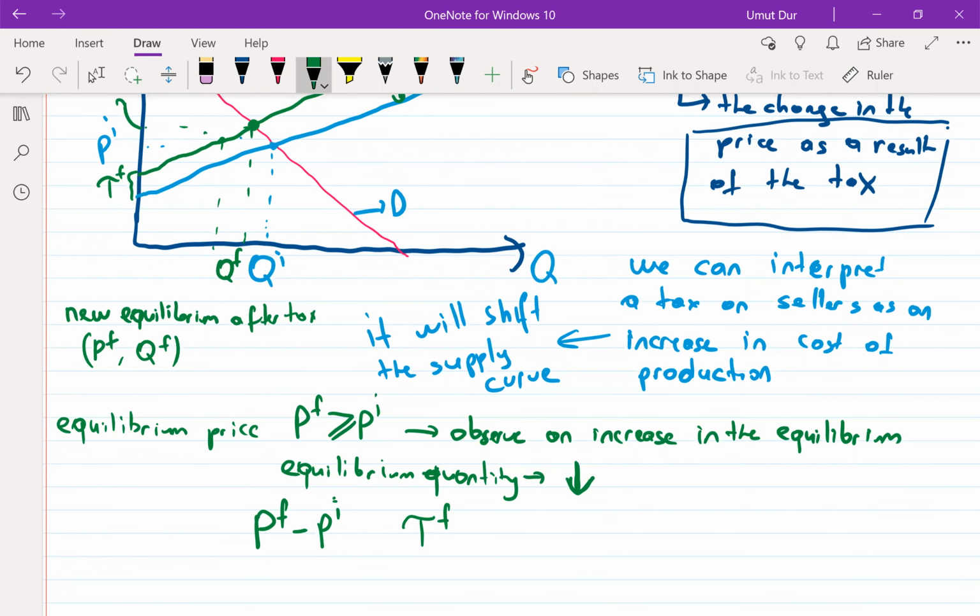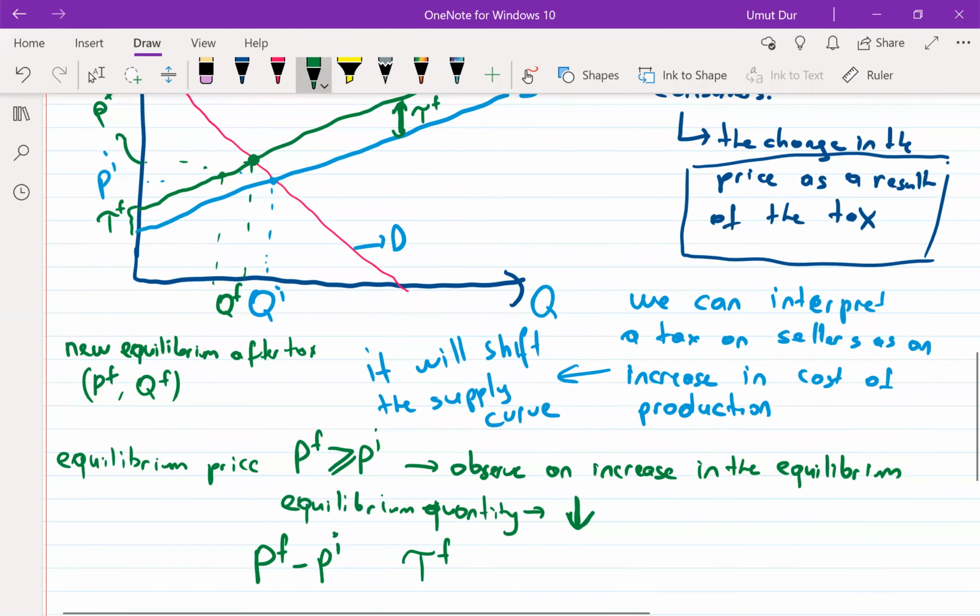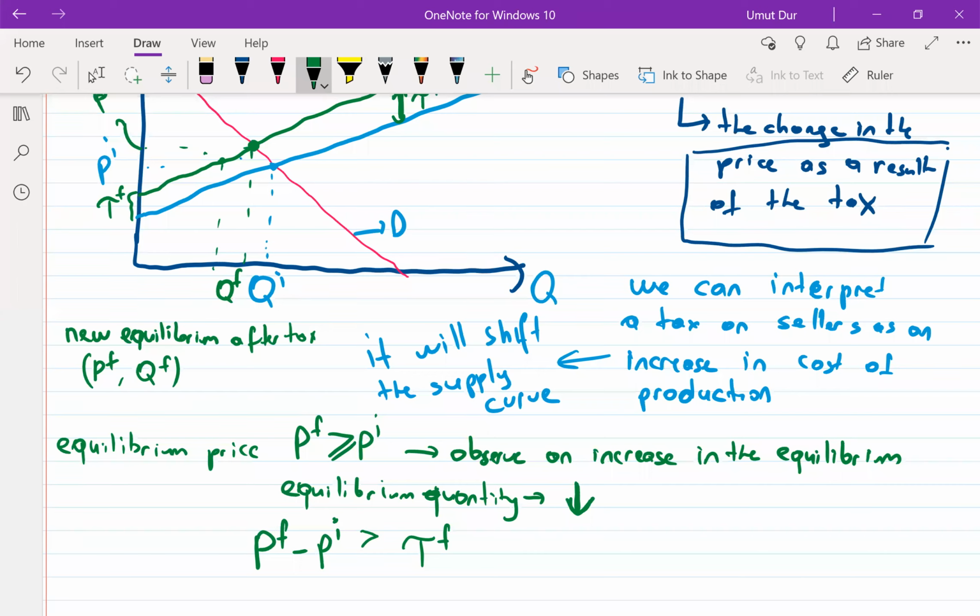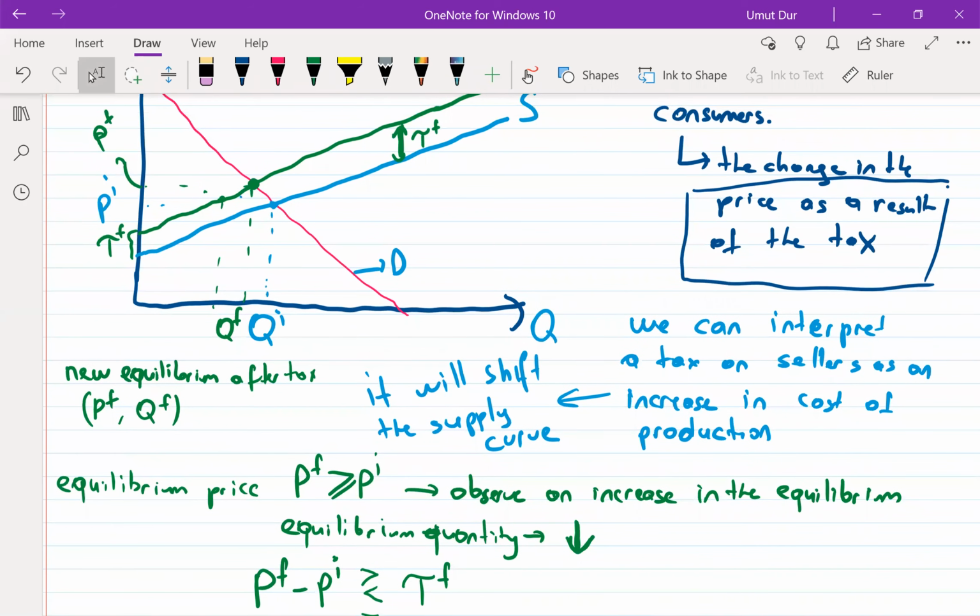What is that difference? Is it bigger, is it less, or is it the same, by just looking at this graph?